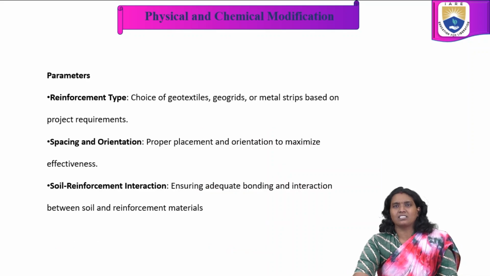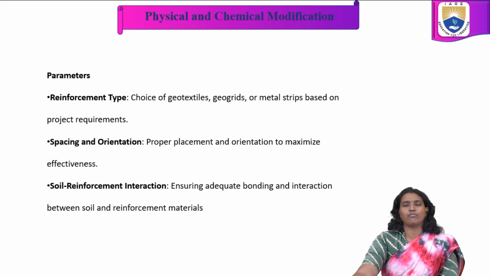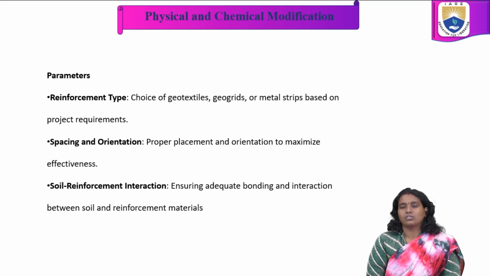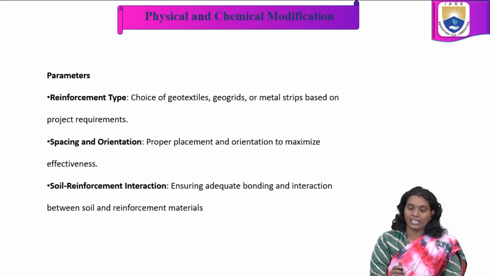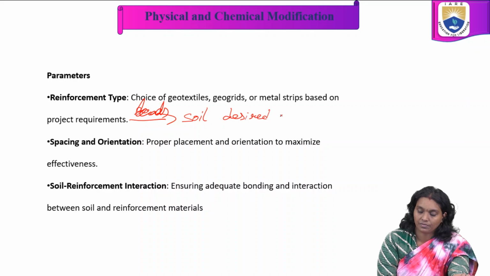In these, the parameters are reinforcement type, spacing and orientation, and soil reinforcement interaction. These are the three important parameters which we use to choose the method. Based on reinforcement type, we choose geotextiles, geogrids or metal strips based on the project requirement and the desired properties of the soil.